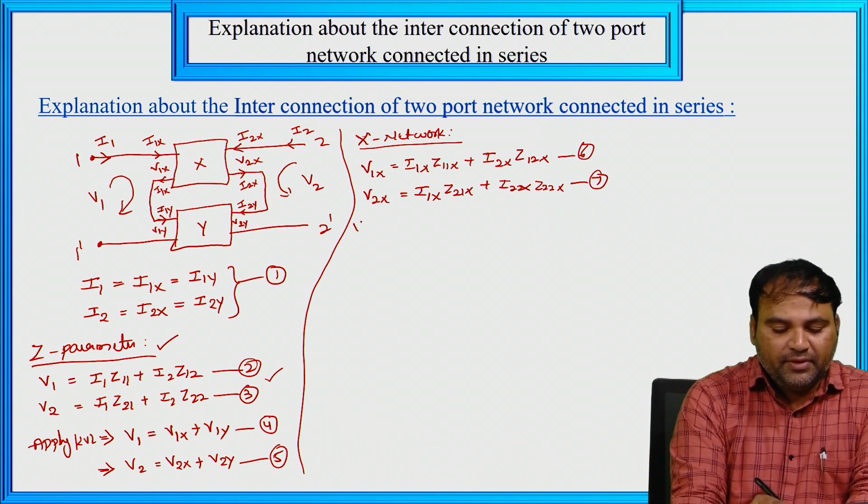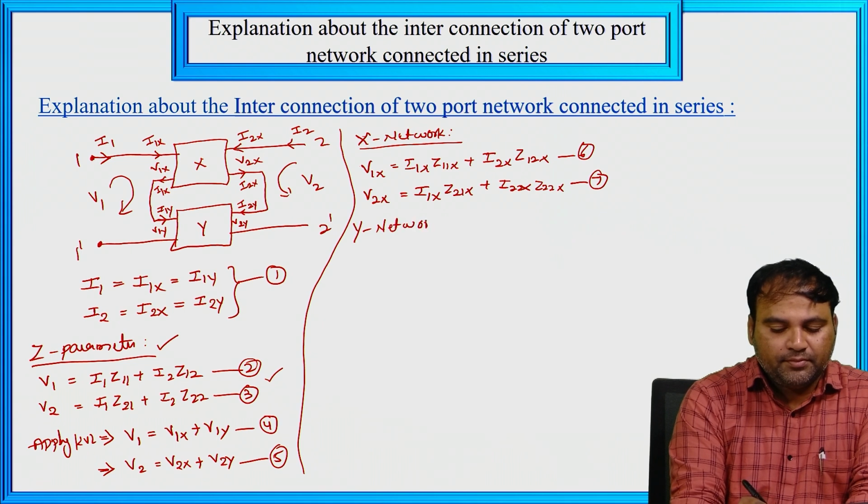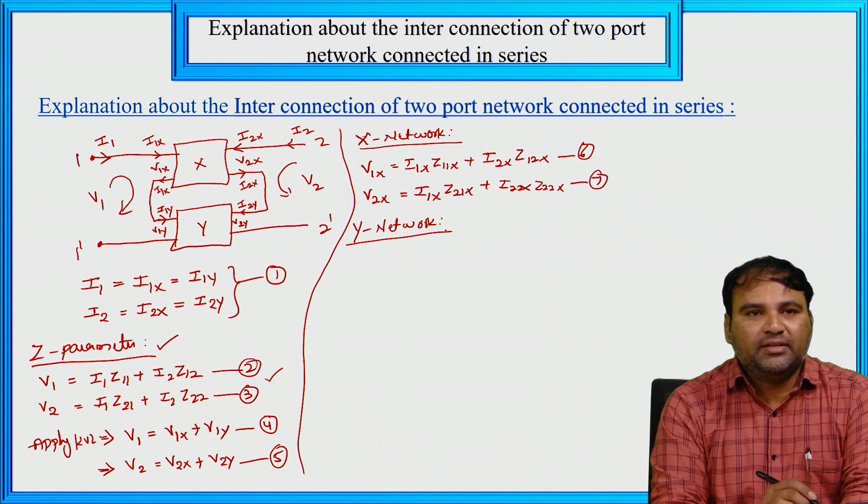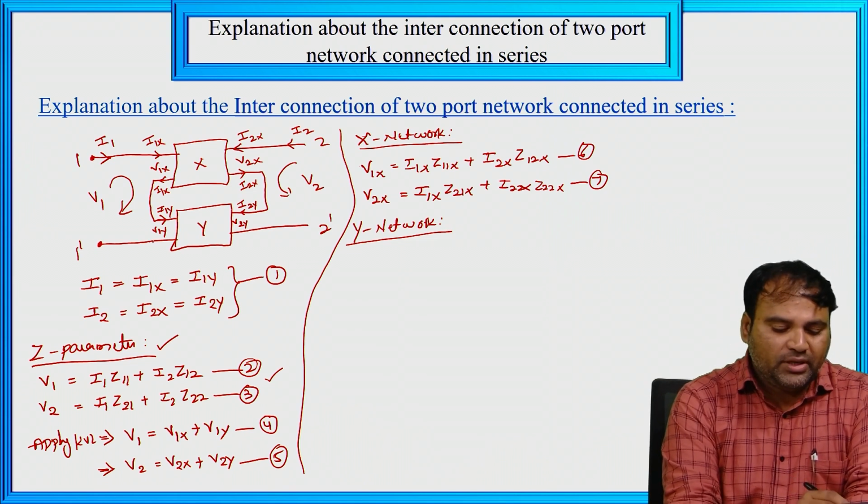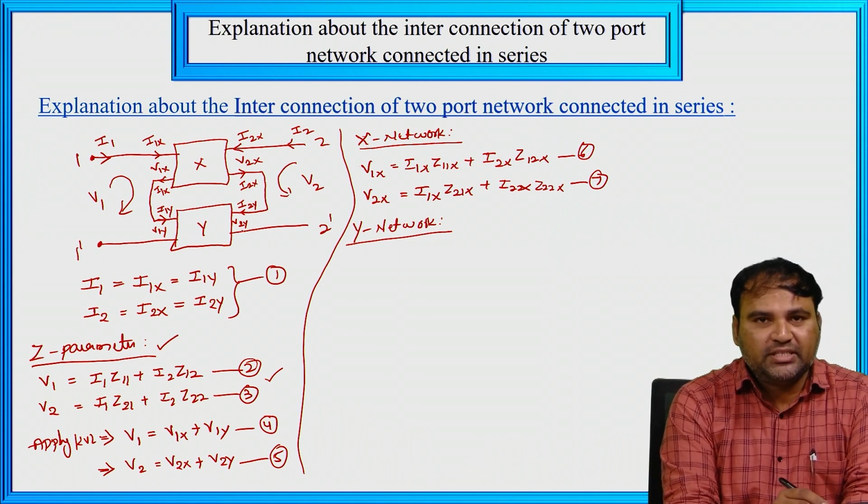Similarly, for the Y network, the input voltage is V1y and the output voltage is V2y.